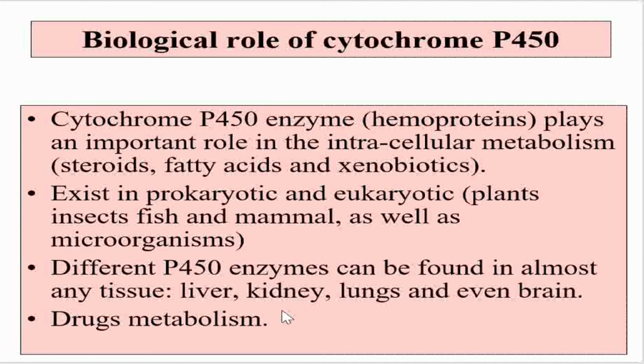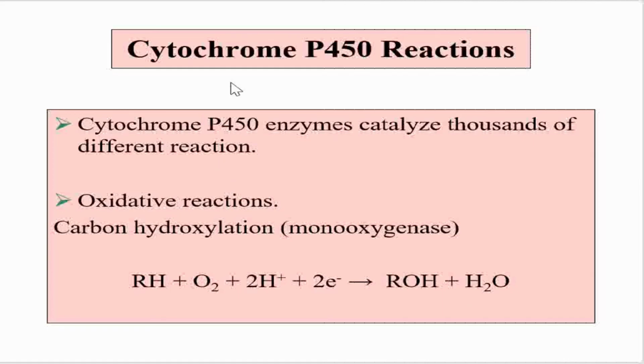It is also helpful in the metabolism of drugs. In this way, cytochrome P450 is helpful in the detoxification of harmful substances also. So it plays an essential role in the biosynthesis, metabolism, and detoxification of harmful substances.